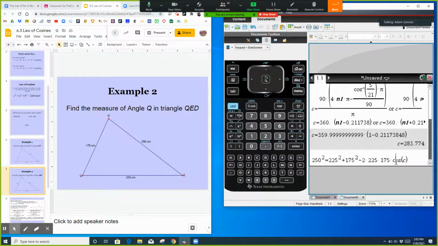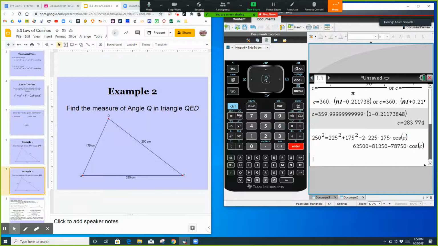So we need to isolate the cosine of C. To do that, we need to subtract this and that on both sides first. Then we'll have a number is equal to these three numbers multiplied by the cosine of C. Then we could just divide both sides by this.